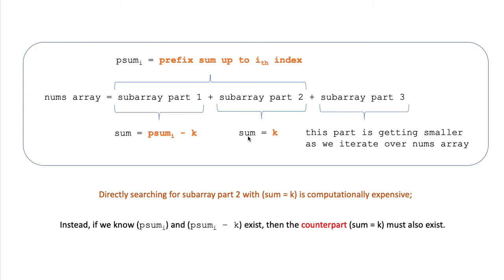Now, directly searching for subarray part 2 with sum equal to k is computationally expensive. Instead, if we know prefix sum i and prefix sum i minus k exist, then the counterpart with sum equal to k must also exist.